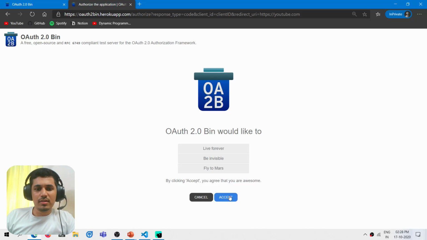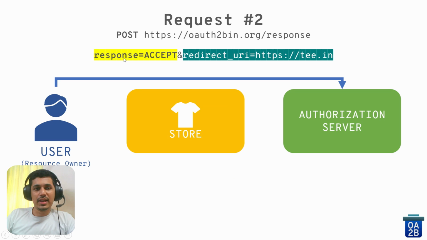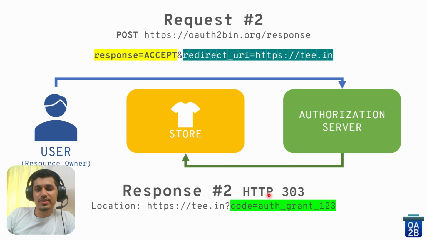So when the user clicks on accept, a request is sent to the authorization server telling it that the user's response was accept. Since the user accepted the authorization terms, we would like some proof of it, something to tell us that the user did accept our authorization terms. And that's what the server does. It gives you back this authorization code.